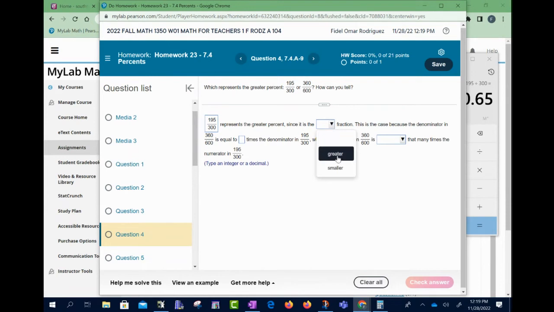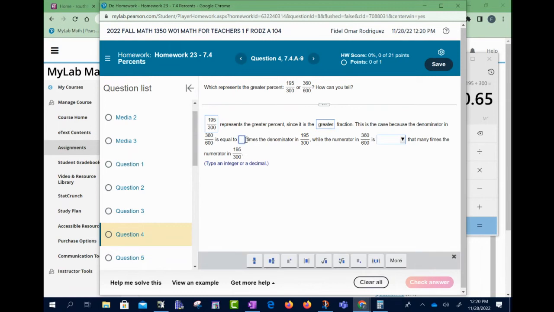Since it is the greater fraction, that's because the denominator here is equal to 2 times. There you go. While the numerator is... here we go. It's asking me, is it less than, greater than? The numerator here is either less than, greater than, or equal to the numerator here.